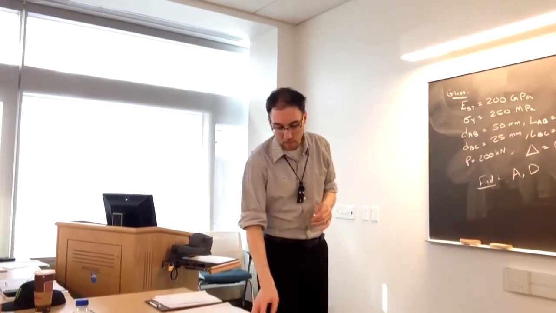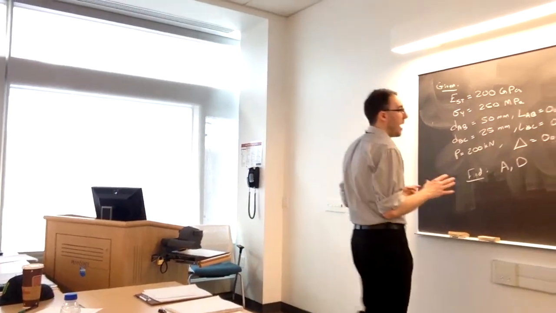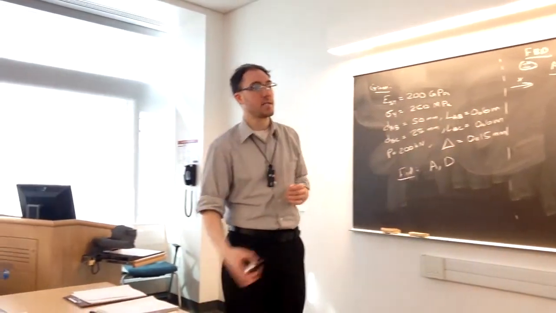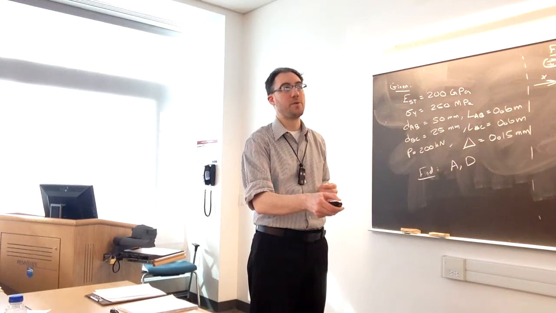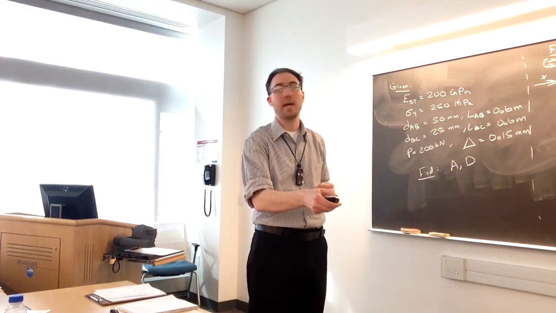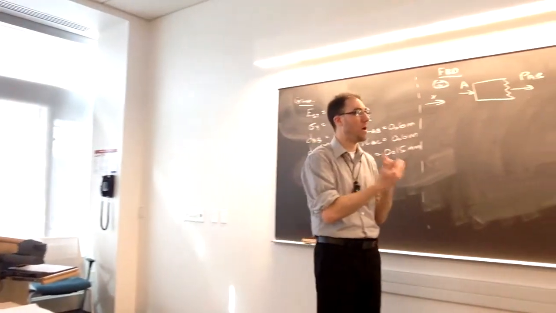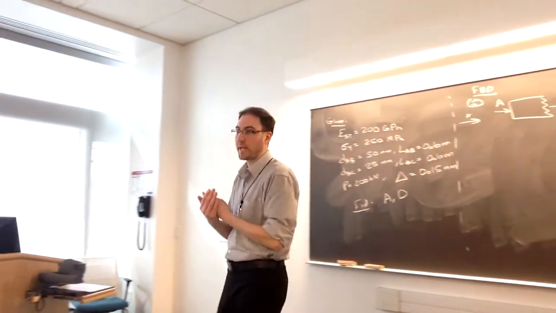Now the assumption that we're going to make here, and then we're going to verify at the end, is that when we apply this load here, we're going to bridge this gap, and then point C and point D will be touching each other. So it's going to bang up against the wall when we apply this force P to it.